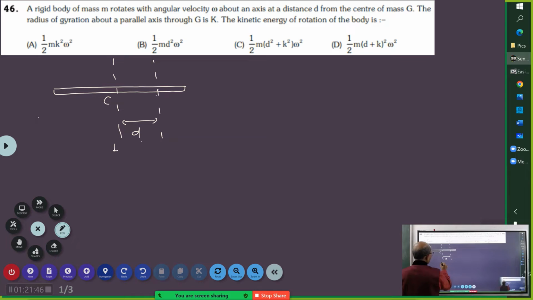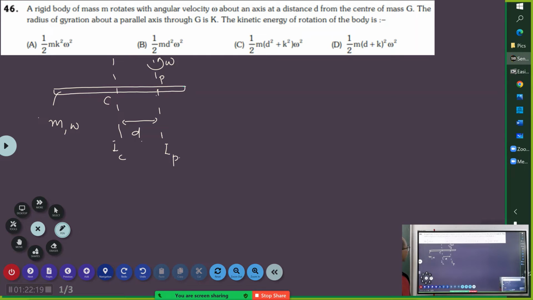So this is the IC, and if you take this point as P, this is the IP. A rigid body of mass m, and they are giving you omega, about an axis at a distance d from the center. That means it is rotating about this axis with omega. Is it correct, students? What I have assumed? Yes, sir.